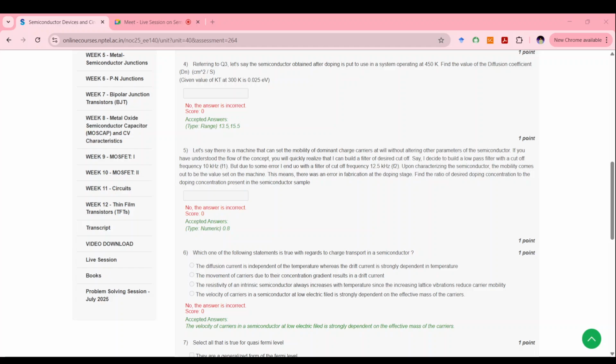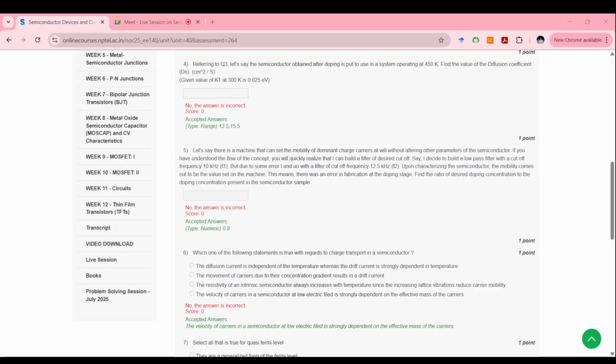Now what the question is saying is, upon characterizing the semiconductor, the mobility comes out to be the value set on the machine.